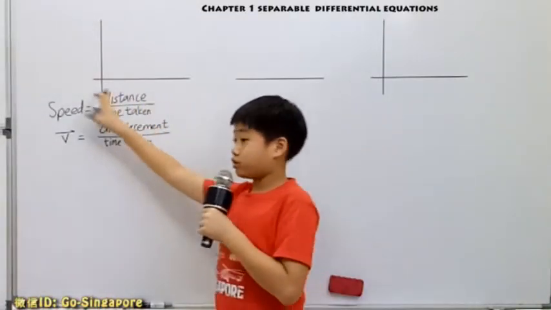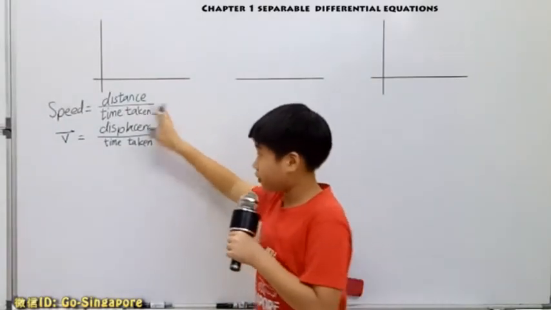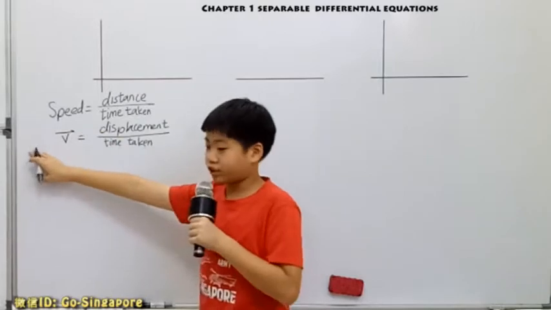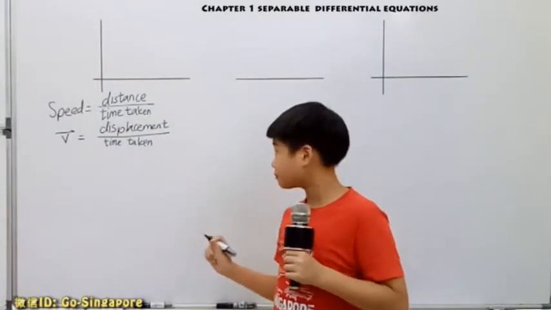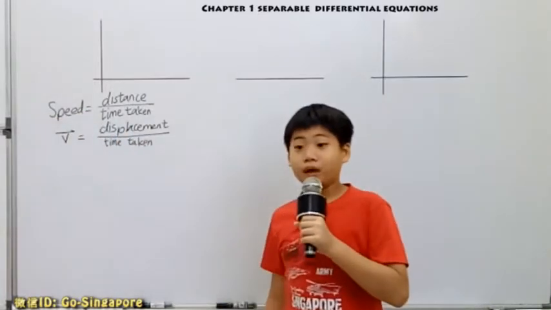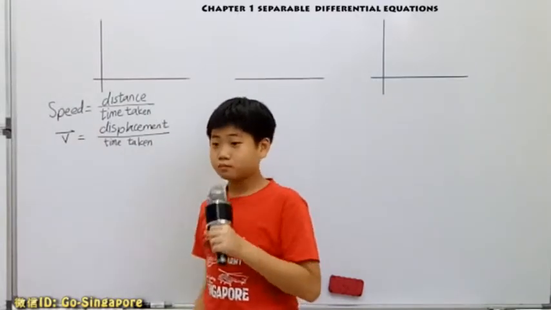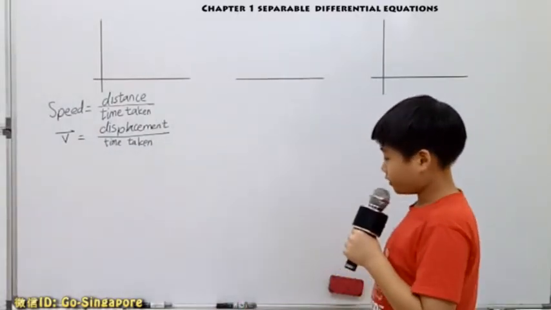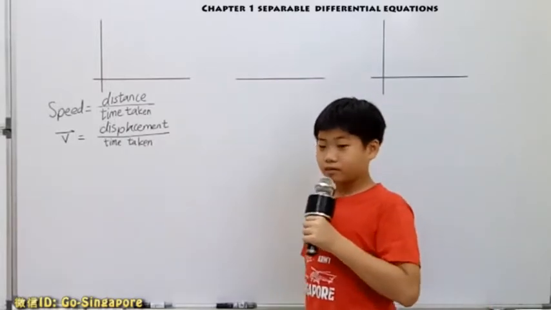For those taking PSLE, they get confused with average speed and average velocity. Remember, they are different. The average speed we learn in primary school, while the average velocity is in secondary school. In secondary school, we have E-math and A-math.